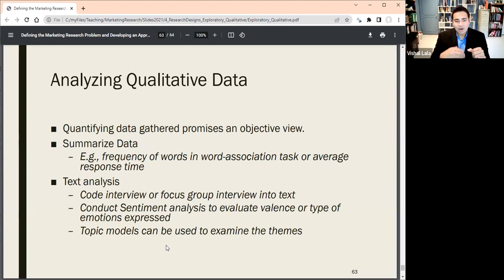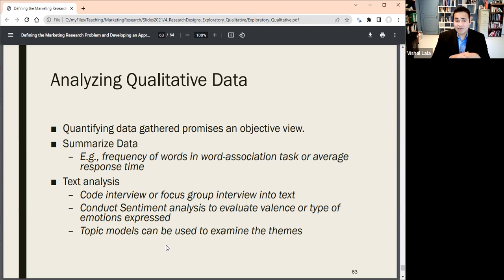That being said, we are coming up with ways of quantifying qualitative data, converting words, opinions, issues and video into numbers. To give you one example, with text, we can summarize data based on word association tasks. We examine things like average response time or frequency in which words are expressed.